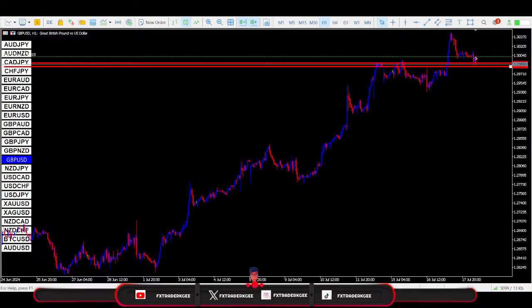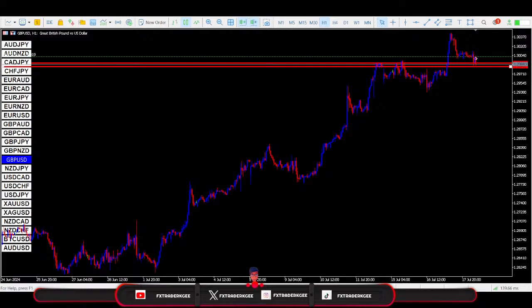In the bigger picture, when it comes to the currency index, the Great British Pound has a stronger index than the US dollar.